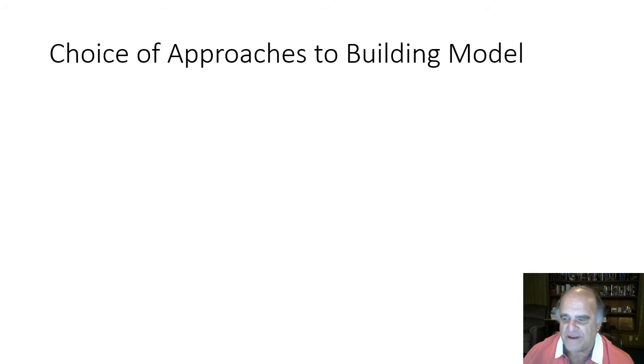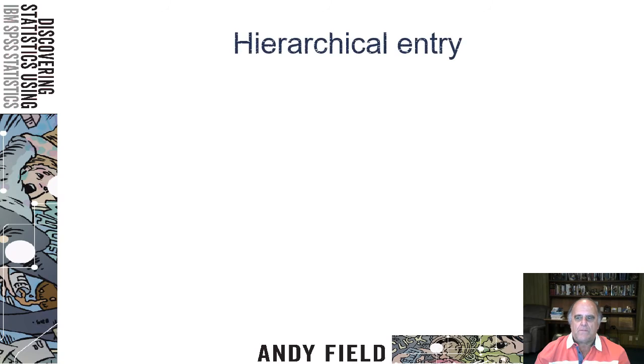And we're not really going to get into this class because we're already pretty full up in this class. But there are newer, more, I think esoteric is the best word, approaches to regression. We're not dealing with those. So we're going to deal with the typical, sort of the old-fashioned approaches to building a model in regression, the choices of approaches to building a model.